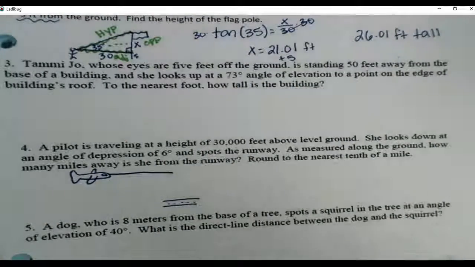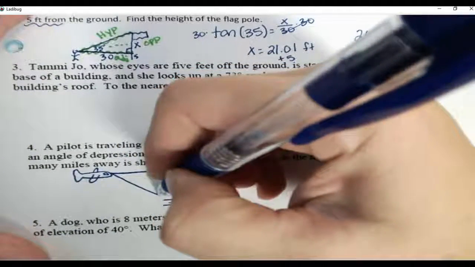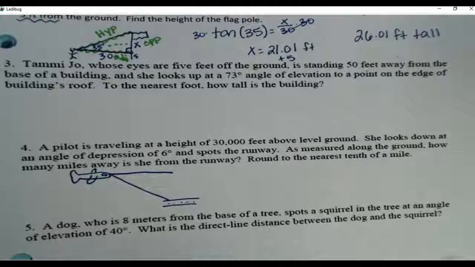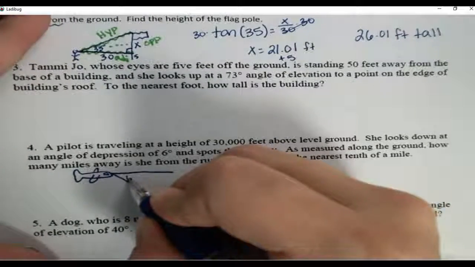Okay, so she's just looking straight out. But then she looks down to see the runway. So she looks down to the runway. And it tells me that angle is 6 degrees.